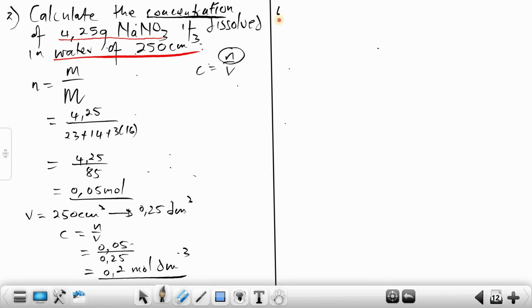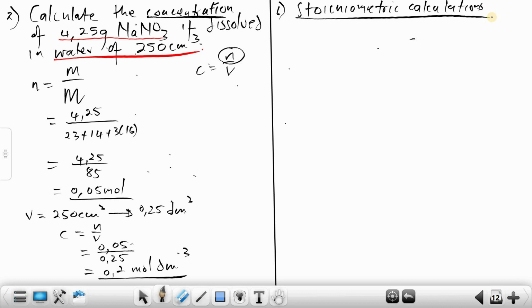So at number 6, we are talking now about stoichiometric calculations. Stoichiometric calculations is basically combining all the information we have done thus far, combining all 4 formulas.